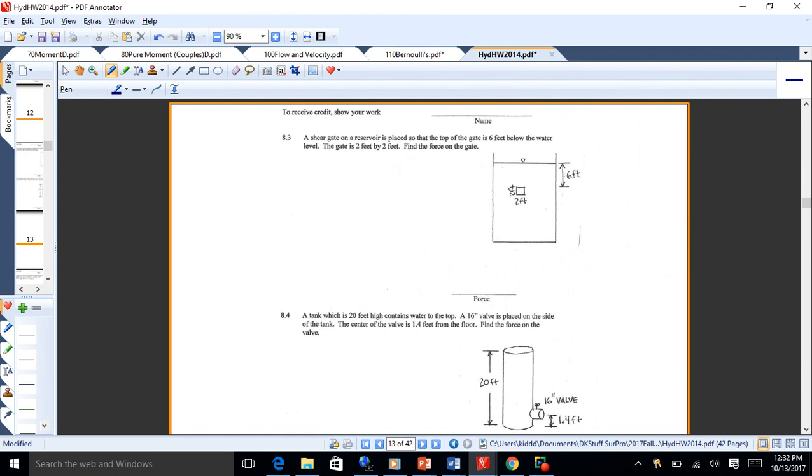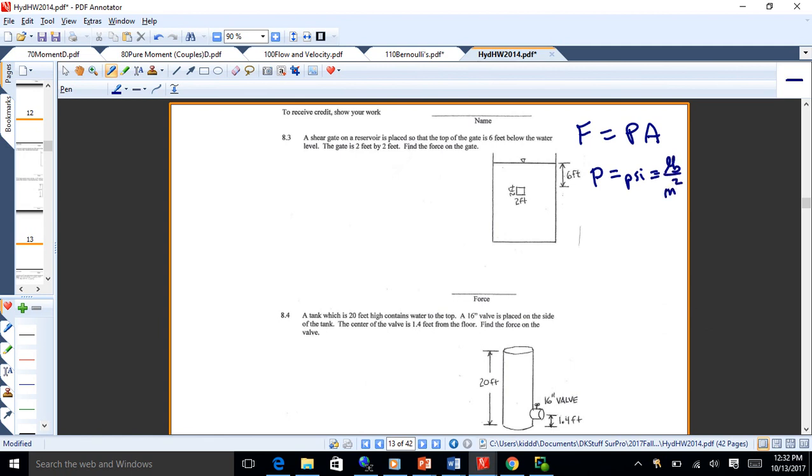Okay, these next two are kind of similar. You're using this basic relationship where the force is the pressure times the area. So what you want to do is find those things. Now the pressure is in PSI, pounds per square inch.